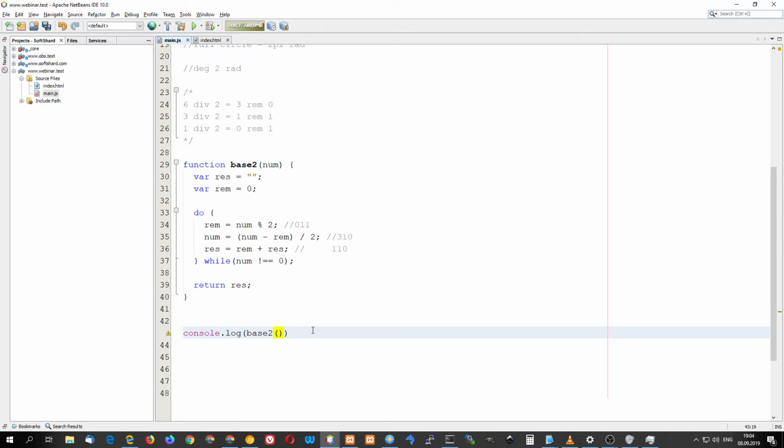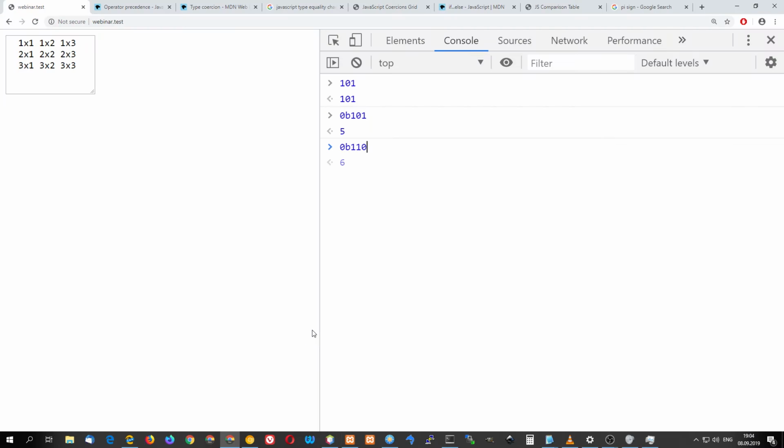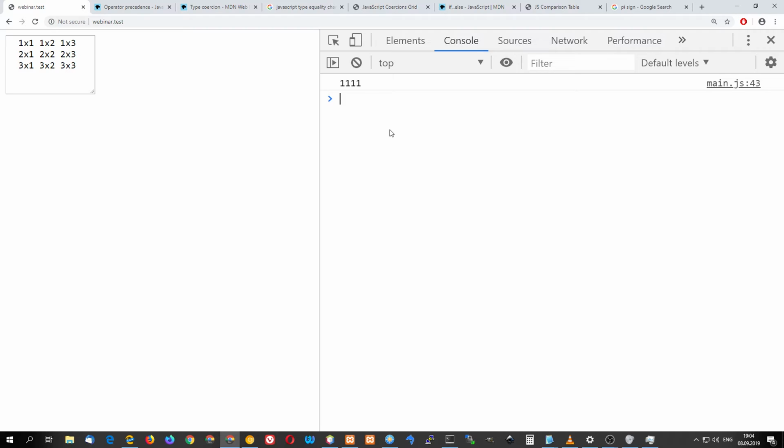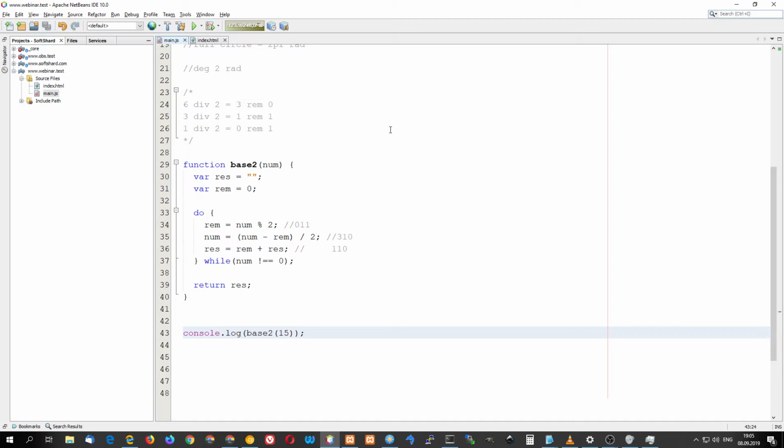Base 2, number 15 is going to be 4 ones. It's 4 ones. If I try to type it, 4 ones, it's actually 15.